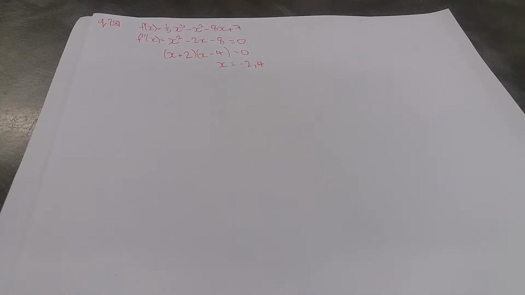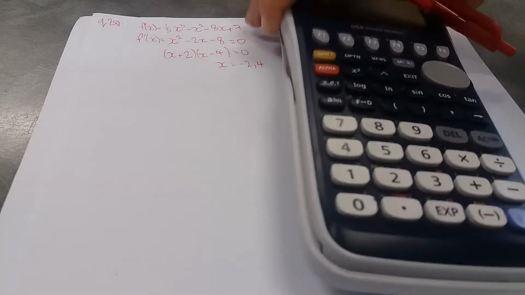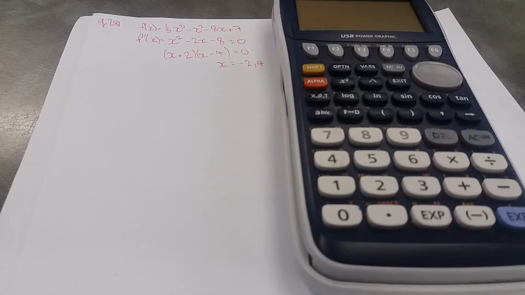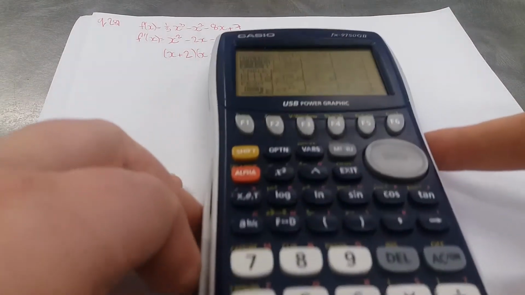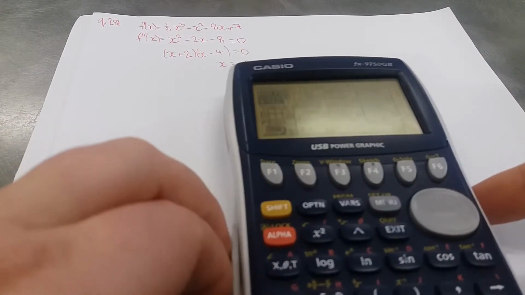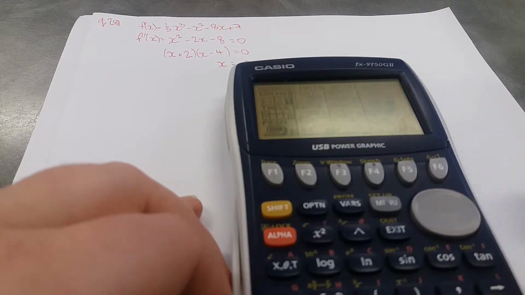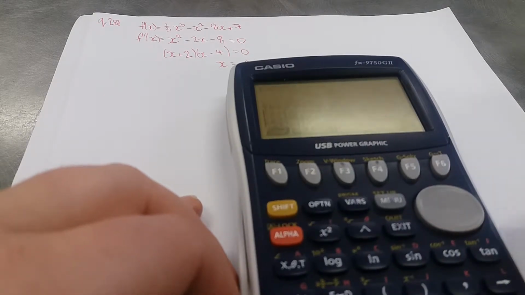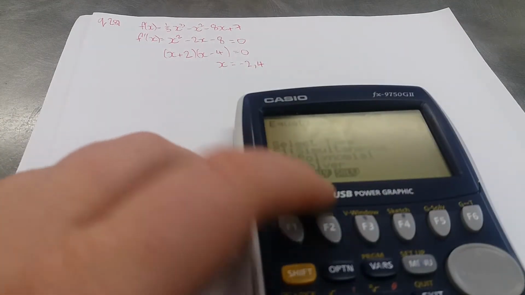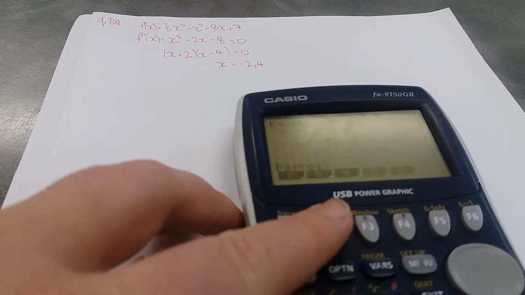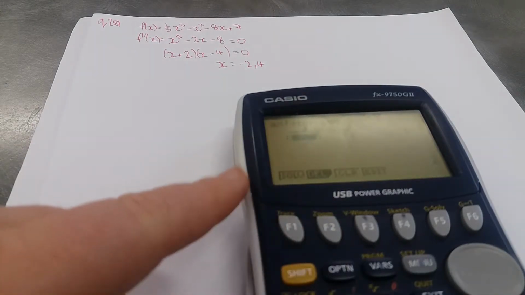Okay, if we use the graphics calculator, you need to start by going to menu. Once you're in menu, you need to go into the equations menu, and then you select F2 for polynomial, and this is the highest power, so the highest power we have is 2, and then we just put it in.